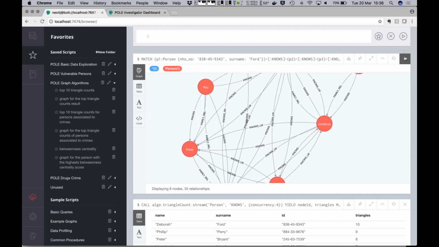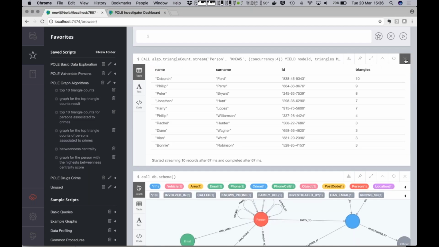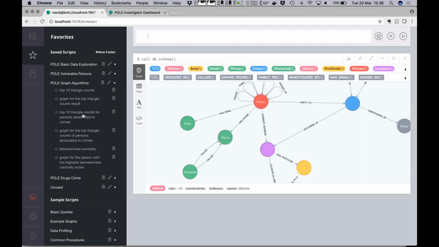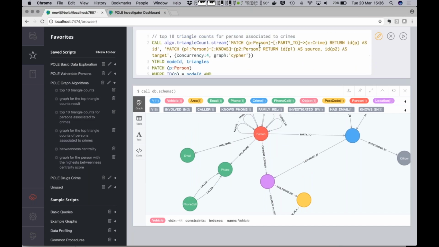So that was just looking across the whole graph at people that happen to know other people. What we can do now is run the same triangle count algorithm, but in this case, instead of doing it across the whole graph, you can see here that what I've done is run it against a subset of the graph. So we're interested here in people who have committed a crime and then know other people who have committed a crime.